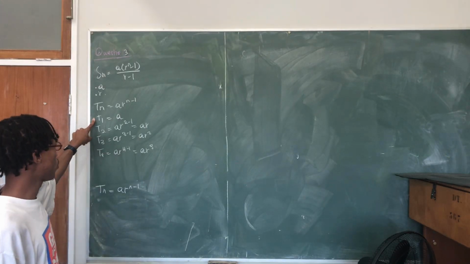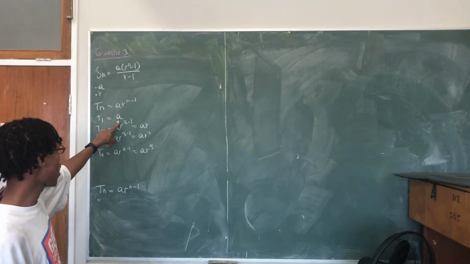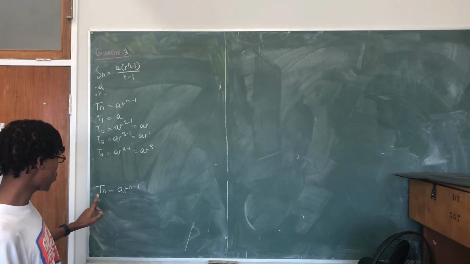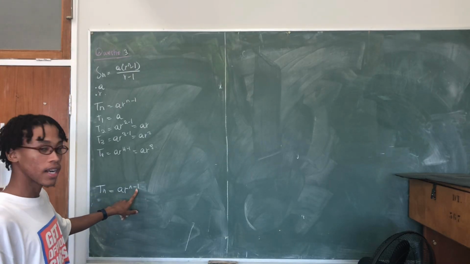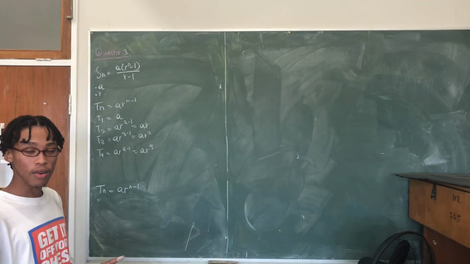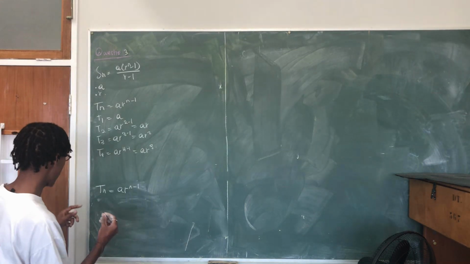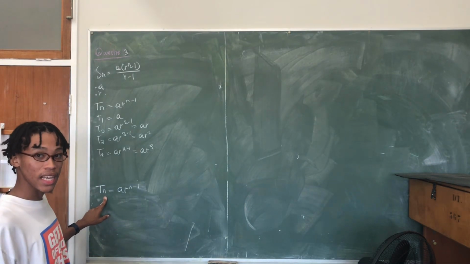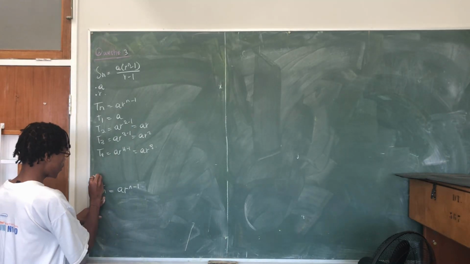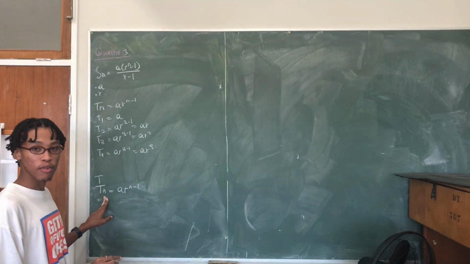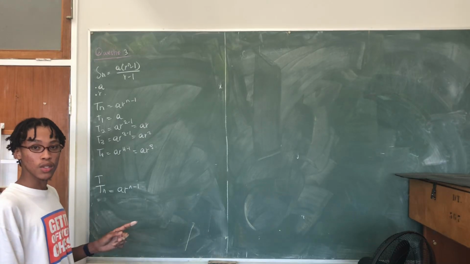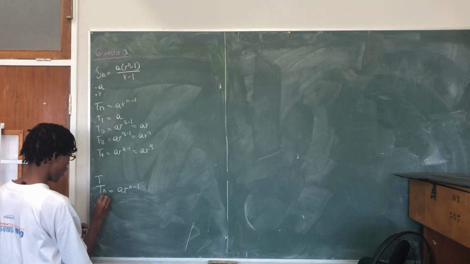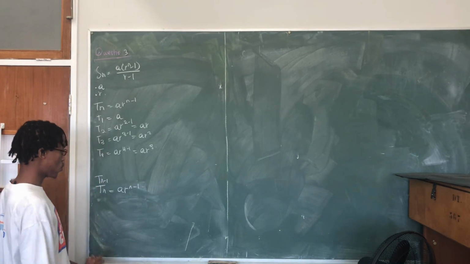We have the value of our first term being a, the value of our final term being a r to the power n minus 1. We can also get the value of the second last term. Since we know that our final term is n, the value that comes before n is one less, so n minus 1.